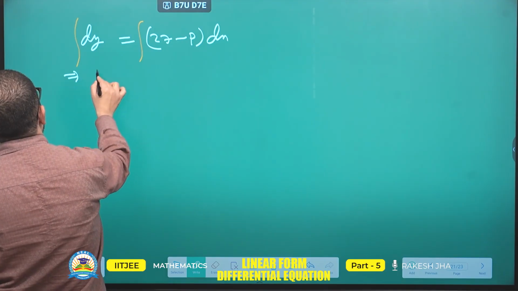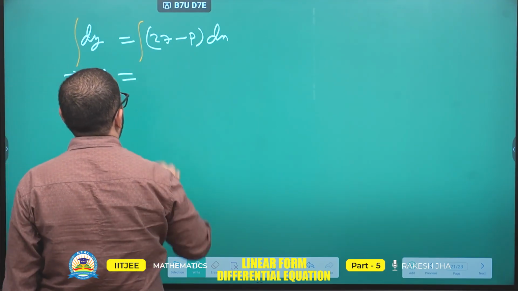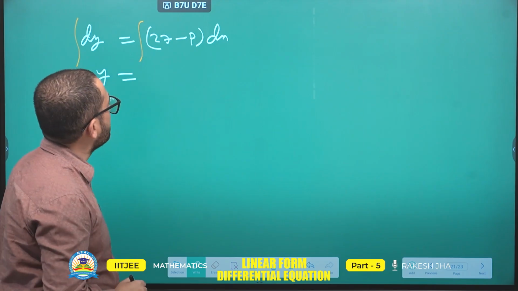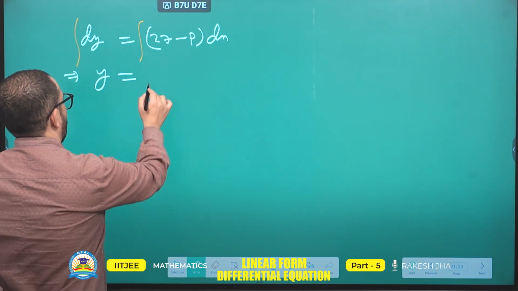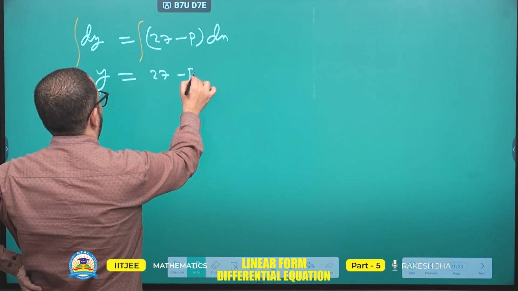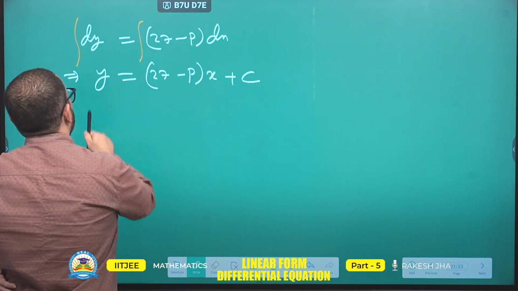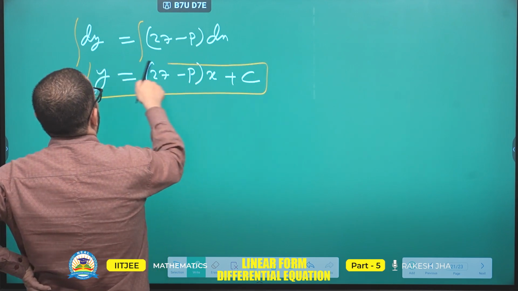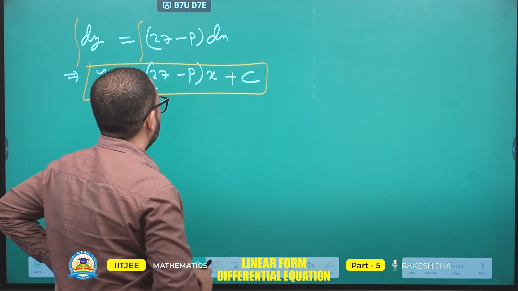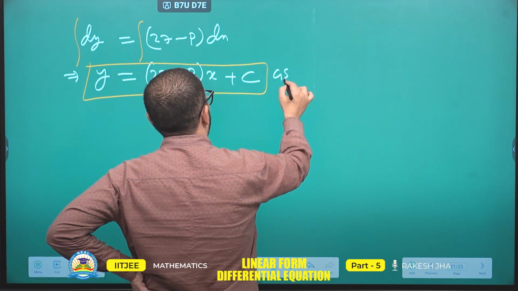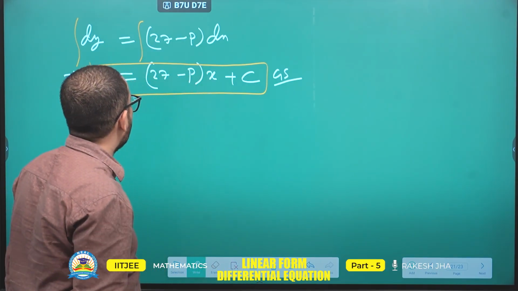So dy means y only, and here 27 minus p is nothing but a constant. So 27 minus p is taken out and we can write x plus c. So this is the general solution of the given differential equation. This is the GS of the given differential equation.